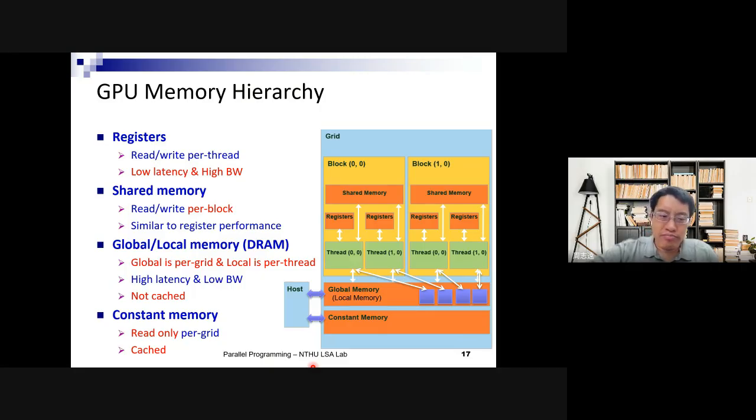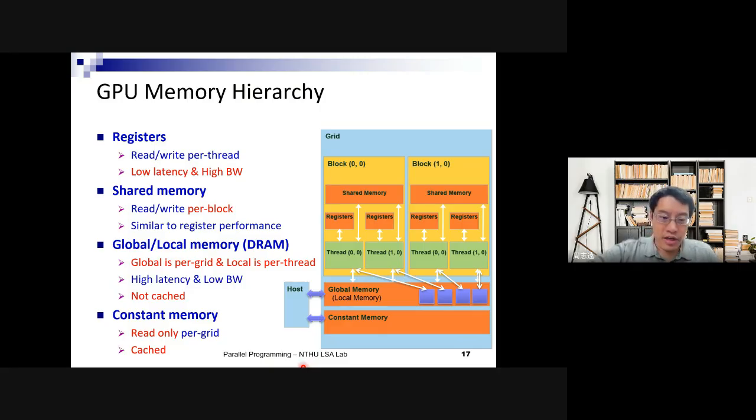So if you know their properties and you know the API, you can also use them, but maybe you won't find any benefit from using them.